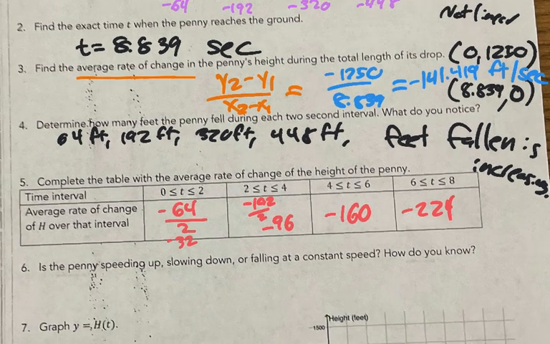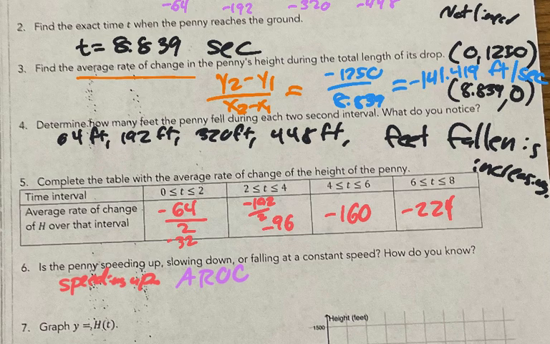Six, is the penny speeding up, slowing down, or falling at a constant speed? How do you know? Because the feet falling increased every 2 seconds. Okay, so the amount of feet that were falling over a 2-second interval kept increasing. It kept growing. That's fine. I would take that. Here's what they said.